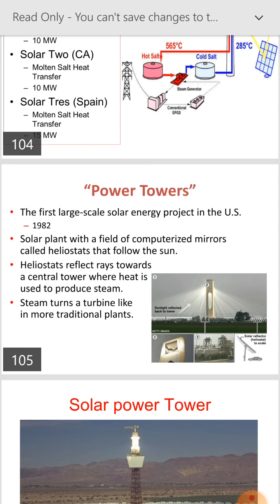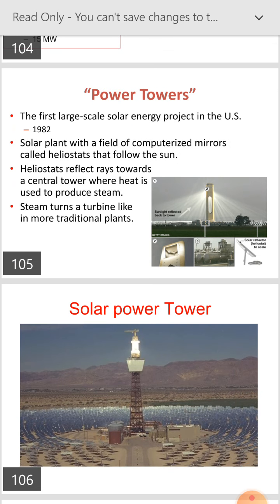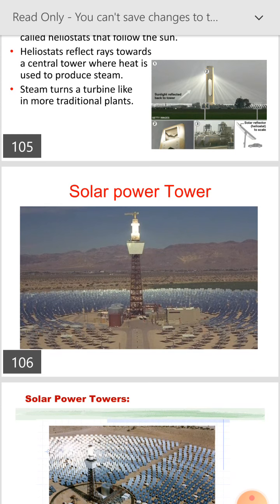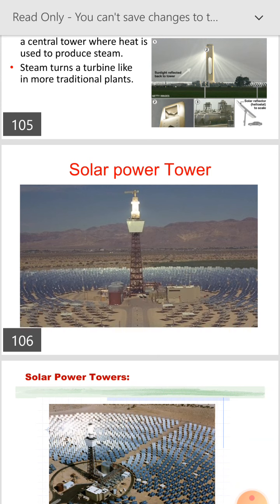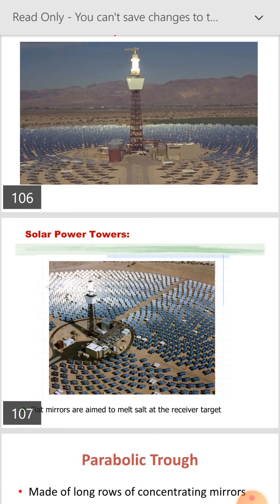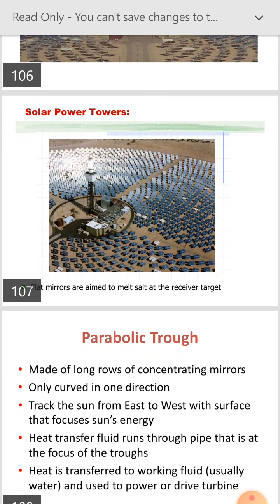Steam turns a turbine like in a more traditional plant. Solar power tower. Flat mirrors are aimed to melt salt at the receiver target.